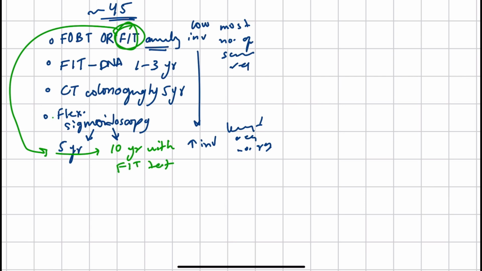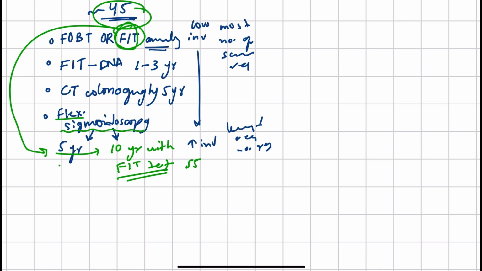So if you're going for flexible sigmoidoscopy, for example, you do it at age 45, then either the next time you'll do it will be when you are 50, or you can do it at age 55 if you're getting a FIT test every year. So that's very high yield for your boards.